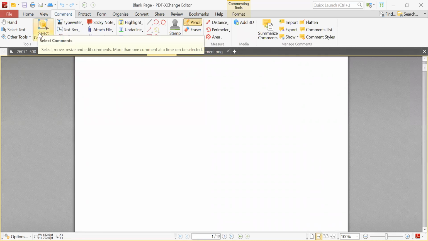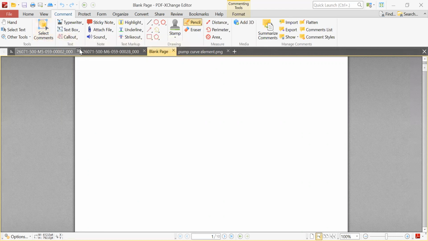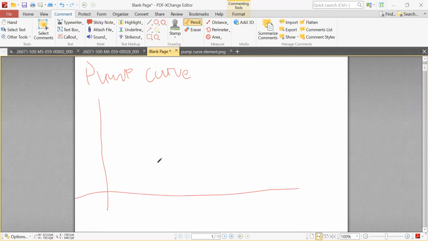We discuss the pump curve. The curve is like this.